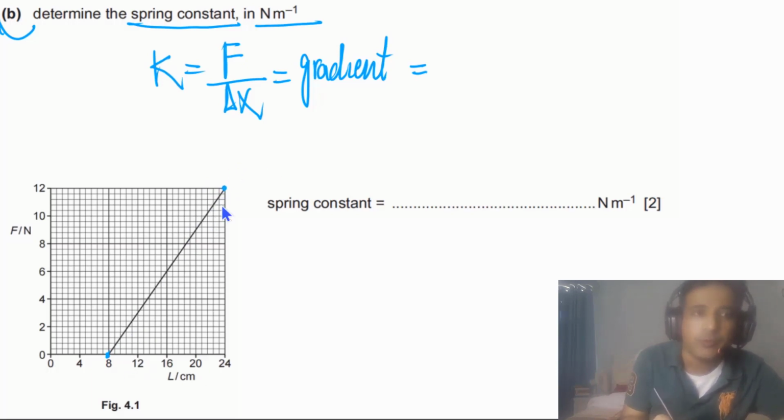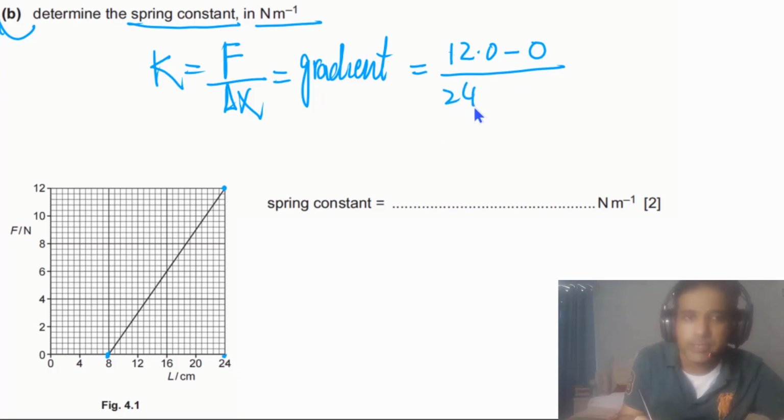So the force in this case, we have 12.0 minus 0 force divided by, we have maximum extension, that is 24 centimeters, minus the initial length, that is equal to 8, but the units for this one is centimeters, so we have to convert into meters.